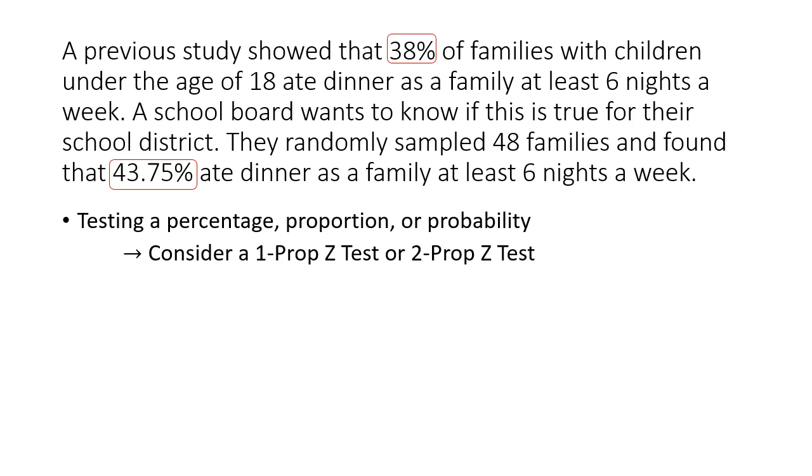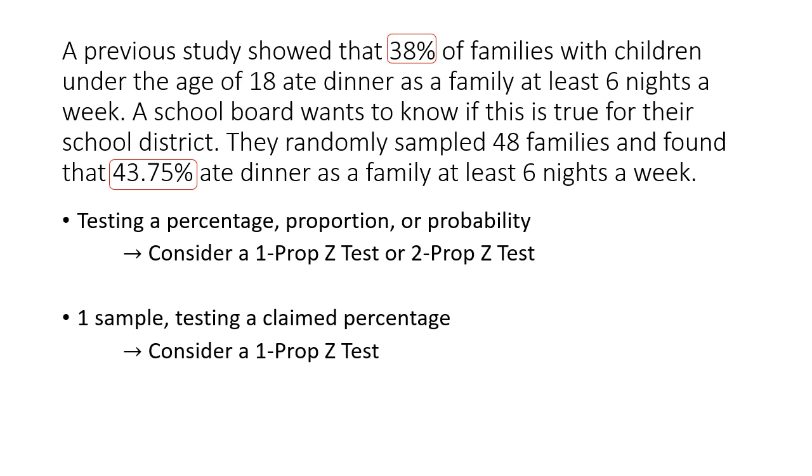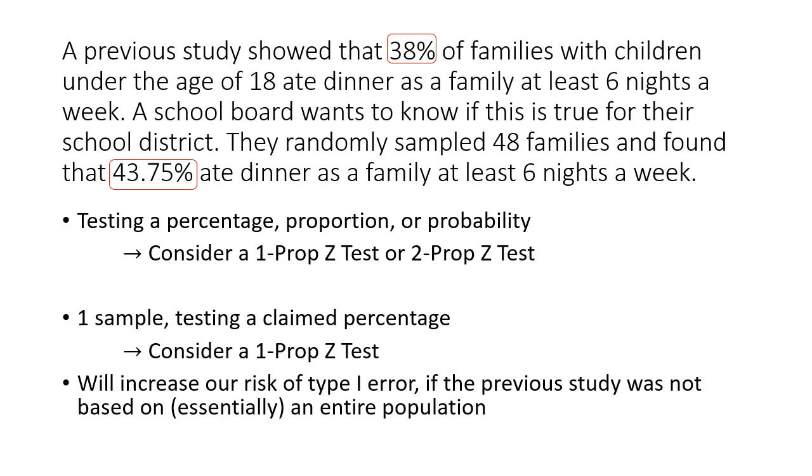When we combine this with the information we had earlier, that we're testing one sample, this additionally says that we're testing a claimed percentage of 38%. So we should consider a one proportion z-test. This does have the problem of increasing our risk of type 1 error if that previous study that the problem mentions wasn't based on essentially an entire population.